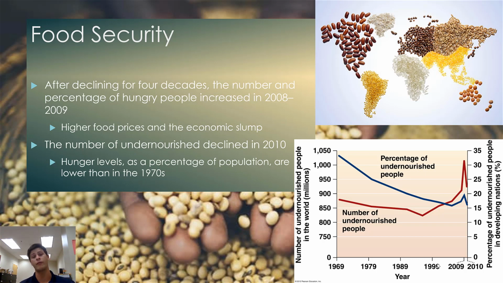So as a percentage of the population, we are getting better and better at providing food security. That's what you need to know when you take a look at the graph on the bottom right-hand side of your screen. In red, you have an increased number of people going hungry each year. However, as a percentage of the population, that number has been steadily going down.